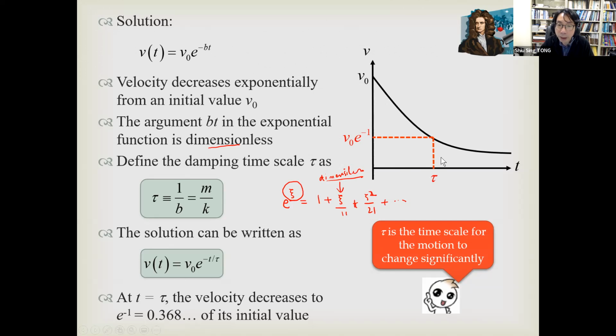Okay, so that characterizes the time for the velocity to decrease substantially, because 37% of the initial value means a decrease by a substantial amount. So we can use this time to characterize how fast the system decays with time. Okay.